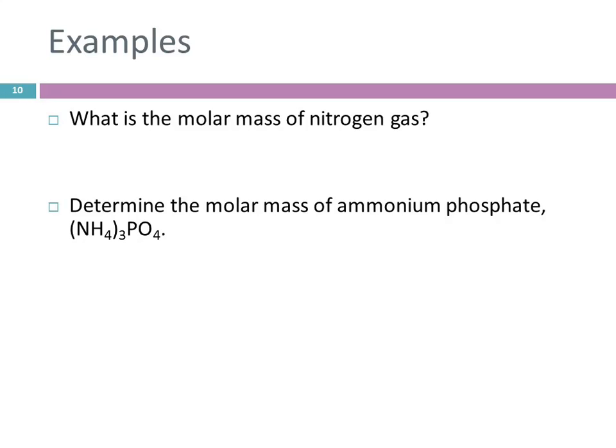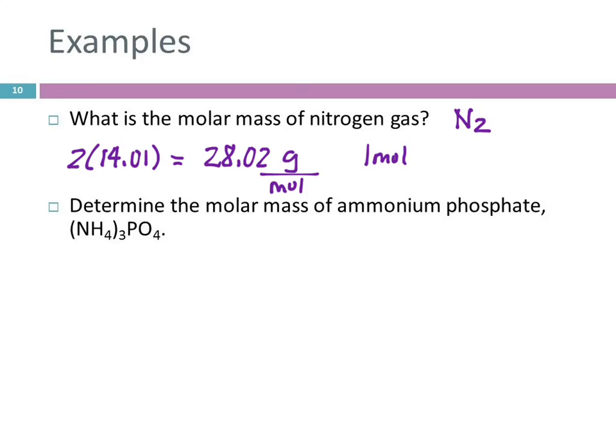So anytime we have nitrogen by itself, its formula is N2. So this is N2. So the molar mass of this gas then is 2 times 14.01, or 28.02 grams per mole. We can also write it this way: 1 mole equals 28.02 grams.